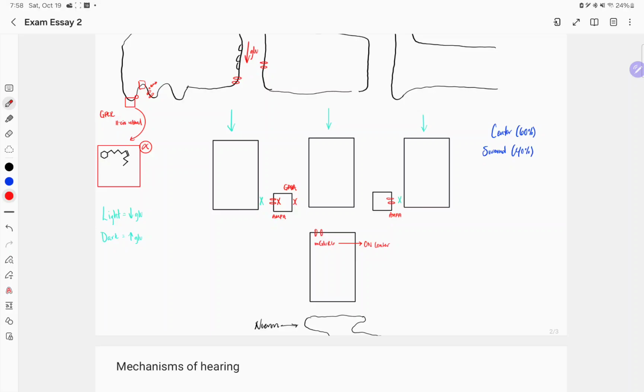And if there's no GABA, so GABA is actually going to inhibit glutamate coming out of this photoreceptor.